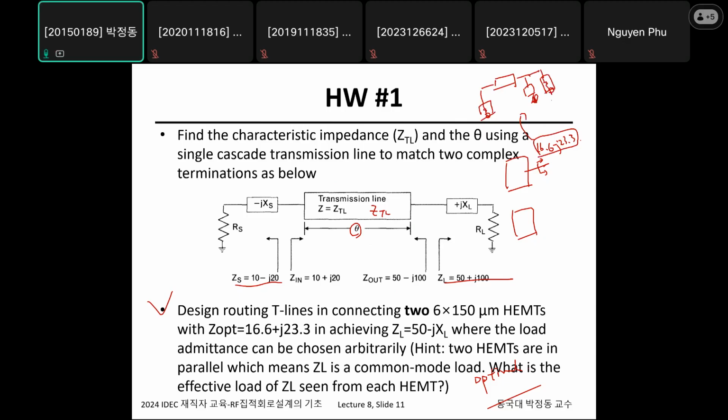Okay. So unfortunately, even if you achieve, by achieving this L matching network, you can just achieve 16.6 minus j23.3. It doesn't guarantee that this is matched. You understood, right?